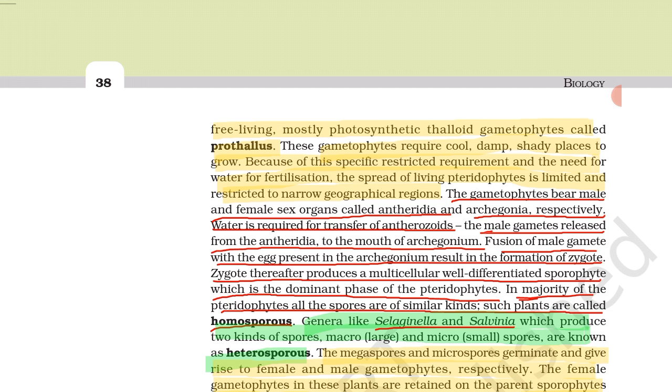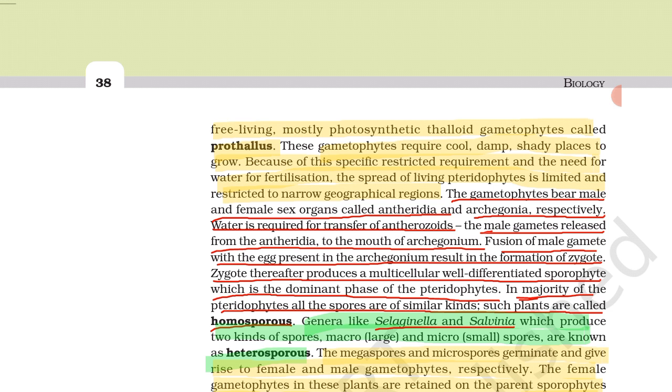The zygote thereafter produces a multicellular, well differentiated sporophyte, which is the dominant phase of pteridophytes. The dominant phase of pteridophytes is the sporophyte, and the dominant phase of bryophytes is the gametophyte.